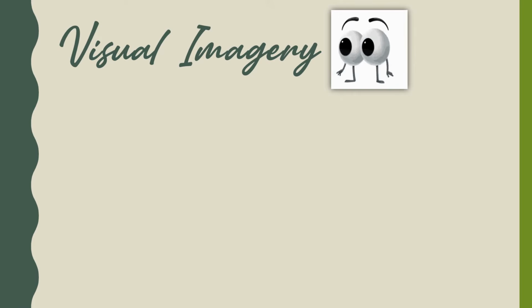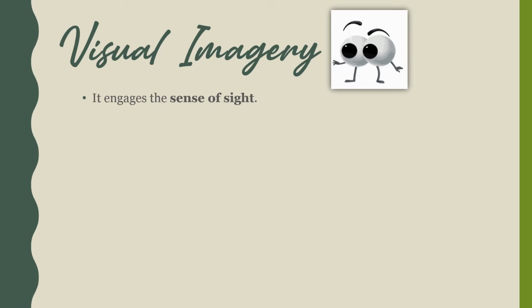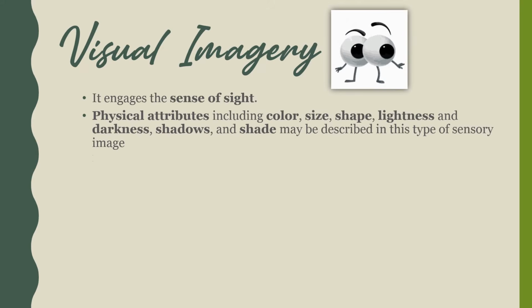Based on the picture, you can assume that visual imagery engages the sense of sight. Physical attributes including color, size, shape, lightness and darkness, shadows, and shade may be described in this type of sensory image. Let us have these examples.